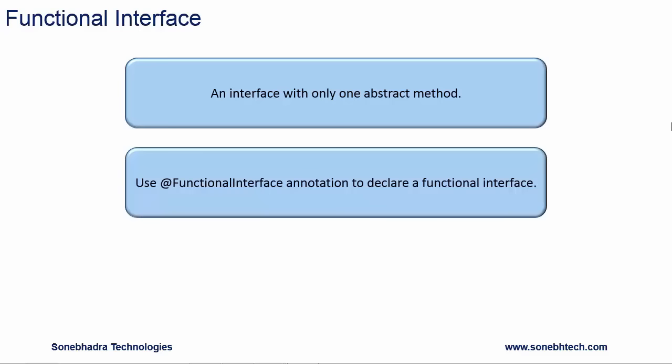The FunctionalInterface annotation can be added to an interface which needs to be compliant with the functional interface definition. Although this annotation is not necessary to declare a functional interface, it is good practice to use it to prevent violation of the functional interface design. Even if an interface has methods with default implementation but only one abstract method, the interface is still considered a functional interface.